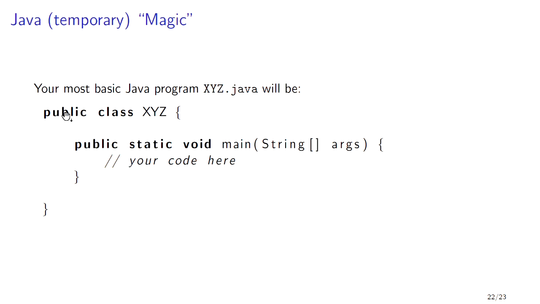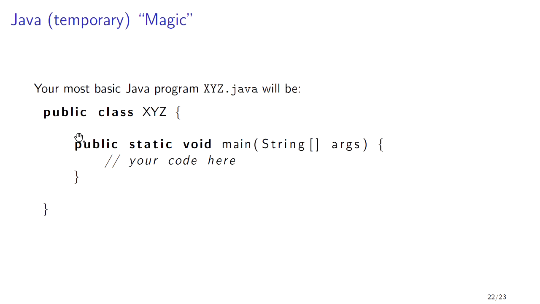We have the visibility. So for the moment, we're going to say every class will be public. We'll talk about what that visibility means and when we should change it later in the semester. But a key thing to note is whatever the name of my class is, my Java file must be the same name. So XYZ class must be in the xyz.java file.